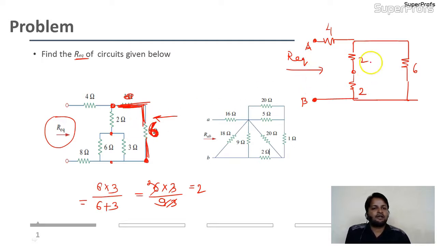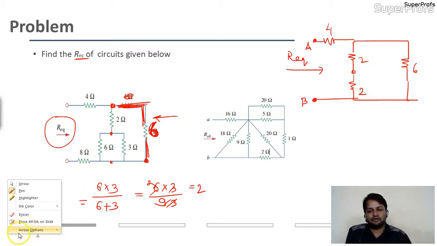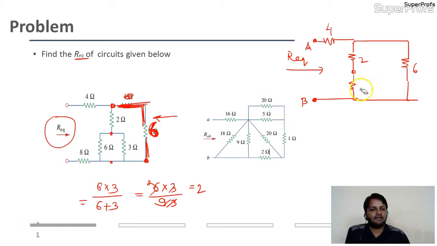Now again we can resolve this. These 2 and 2 are connected in series combination, so 2 plus 2, the resultant will become 4. Wait a minute, I'll erase this. This is the resultant, and the resultant value is 4 ohm. Is it okay? Now this 4 and this 6 are again in parallel combination.